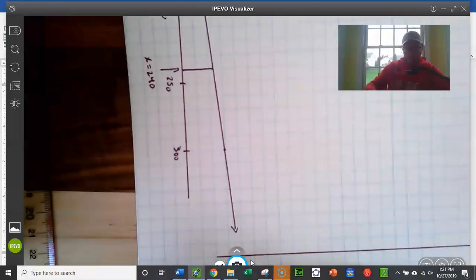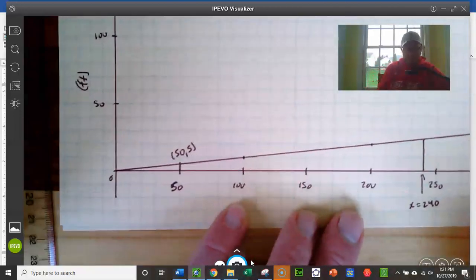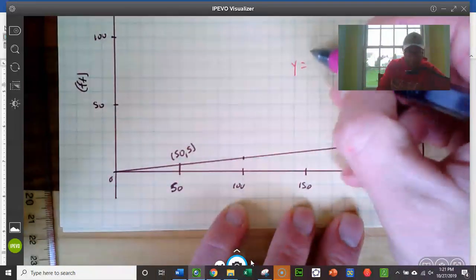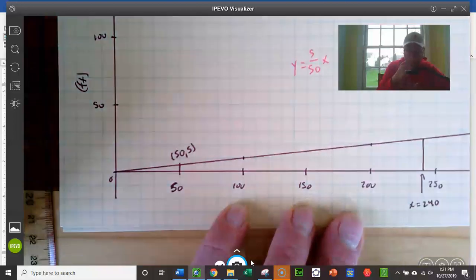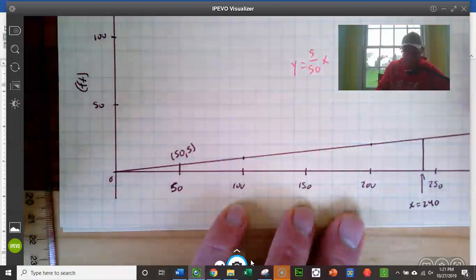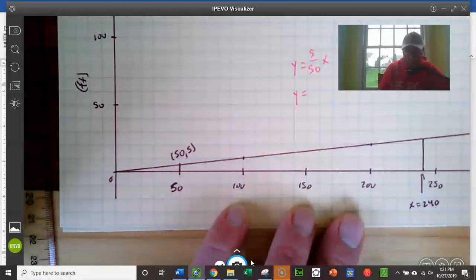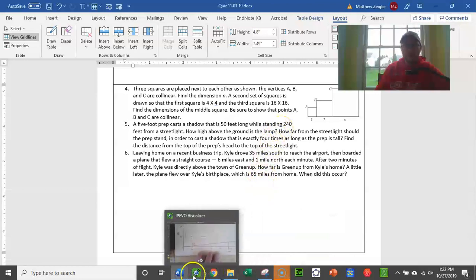Let's see. 50-foot shadow. We're 240 feet from the lamp post. So our equation is y equals 5/50 x. We're going to plug in 240. We're 240 feet from the street light.